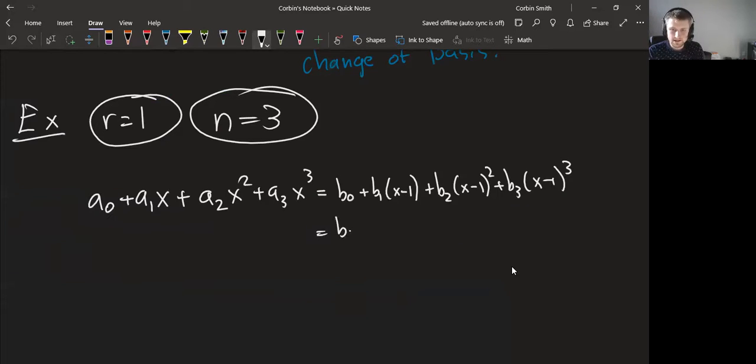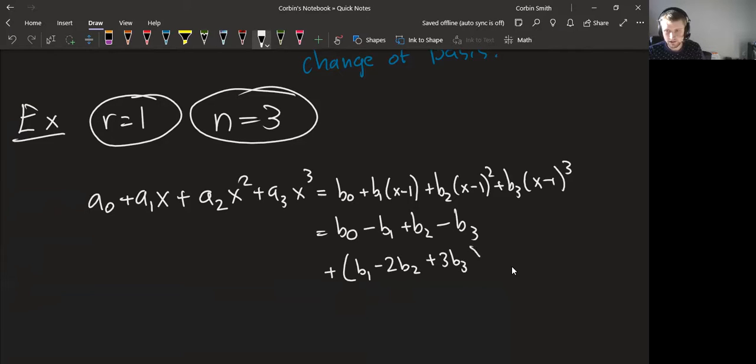If we expand this, that's going to be b0 minus b1 plus b2 minus b3, plus (b1 minus 2b2 plus 3b3) x, plus (b2 minus 3b3) x squared, plus b3 x cubed.